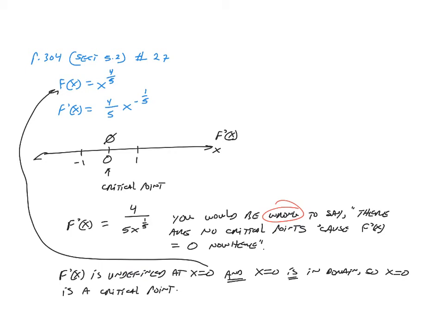So check now. f prime of 1 equals 4/5 times 1 to the -1/5. Looks like that comes out positive. f prime of -1 equals 4/5 times -1 to the -1/5. That comes out negative.